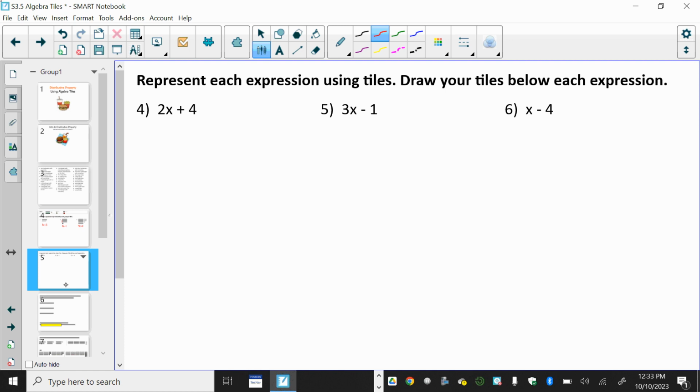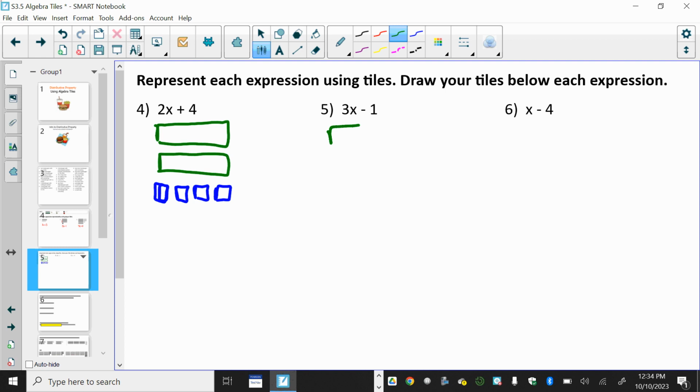Now let's use this and represent the tiles. Once you represent them with physical tiles, you can draw. So I'm going to draw those. We have 1, 2, and then we'll do blue for these. 1, 2, 3, 4. So there's 2x plus 1. Do it again.